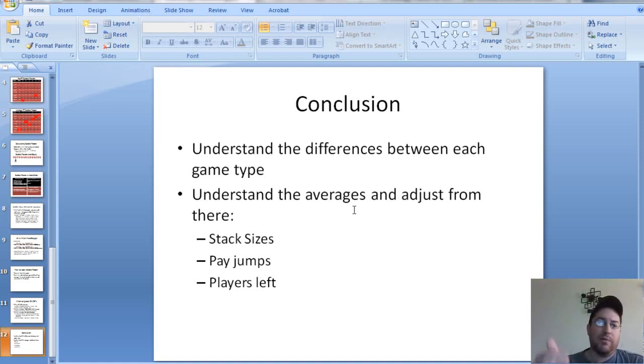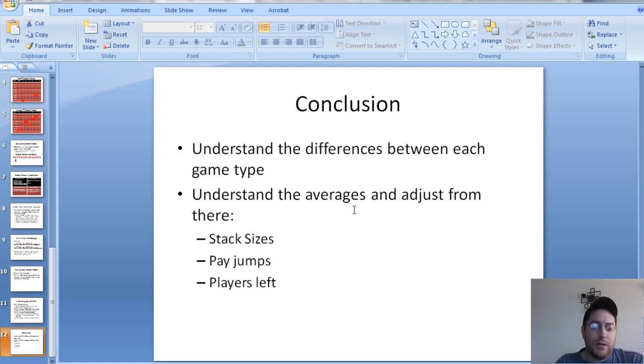If you're on the bubble of a 9-man and you have, let's say, a pocket pair, what your equity needs to be to justify a call, in a 9-man, an 18-man, a 45-man, and understanding how, faced with the exact same hand and the exact same situation, your ranges should differ, and how sometimes you should call, or how sometimes you should fold, excuse me, based upon the bubble factor in that game.